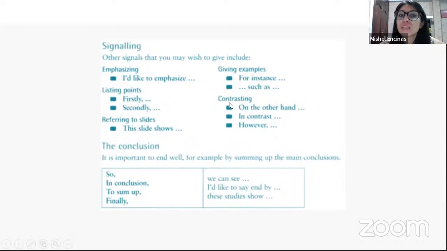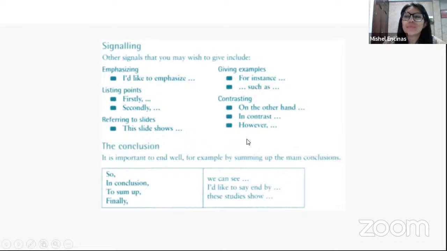Okay. Then contrasting. On the other hand, we have, or in contrast with this study, we found out that, or however, those are connectors too. Of course, that's speaking about contrast, but they are connectors.